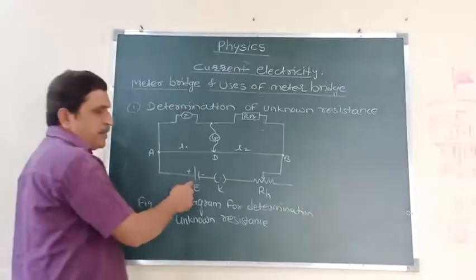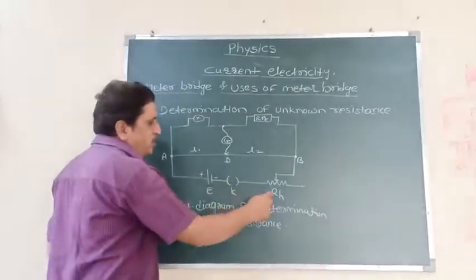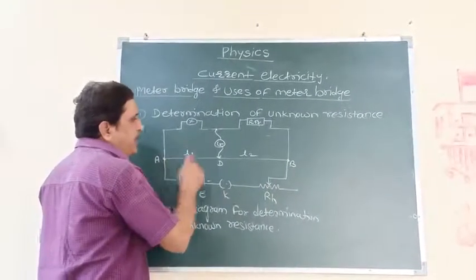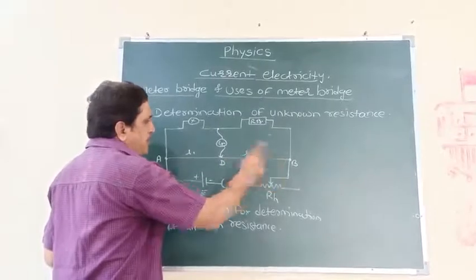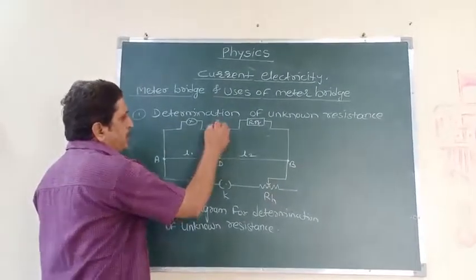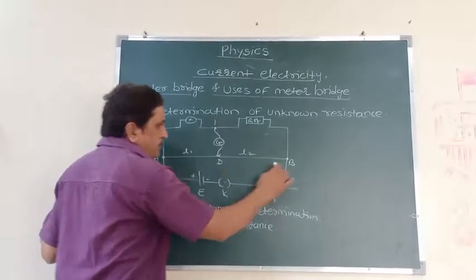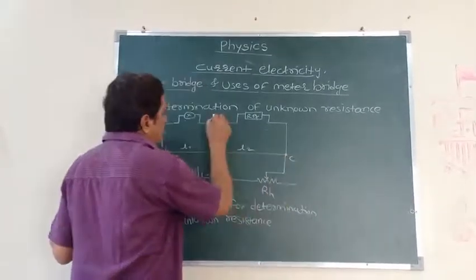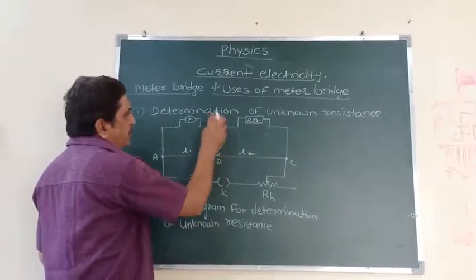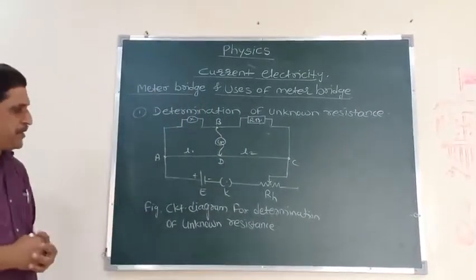Then a cell of EMF E, key K, and rheostat are connected in series combination between point A and B of the meter bridge. The galvanometer and sliding jockey are connected to the point C and point B.